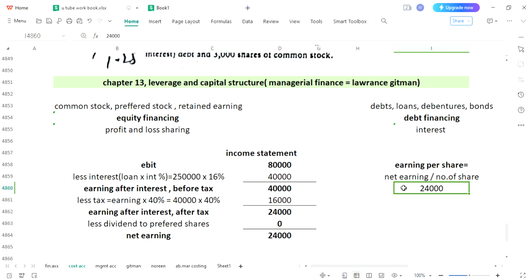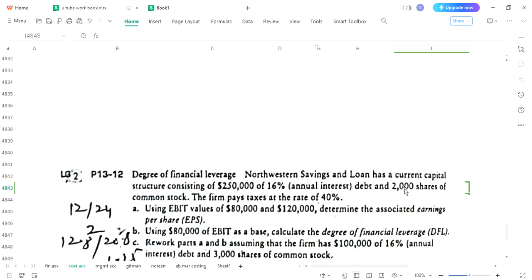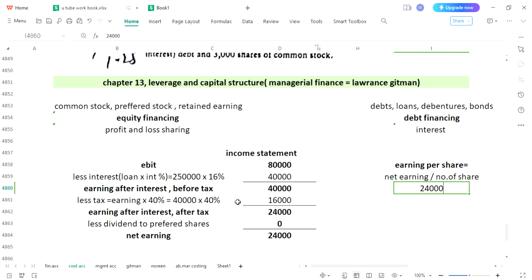So common number of shares were present in our question, and that is 2000 shares of common stock. So here we are going to divide it with the number of shares. Net earning was calculated 24,000, number of shares given in the question 2000. In this way our statement has been completed. Now we are open to calculate it.